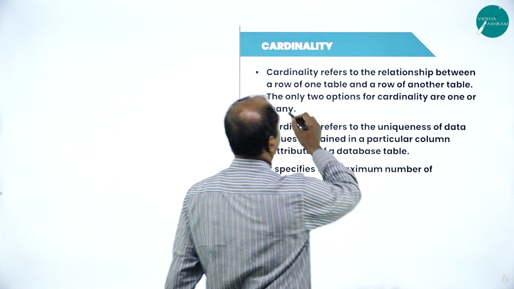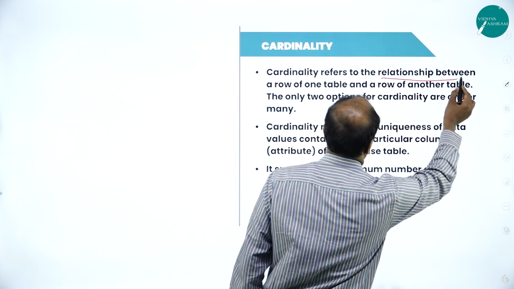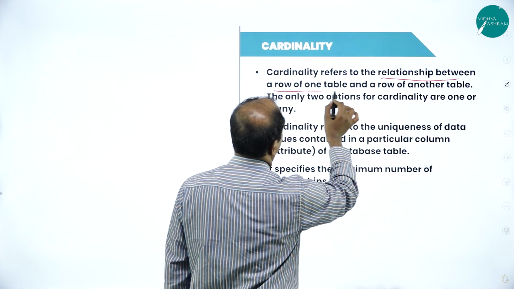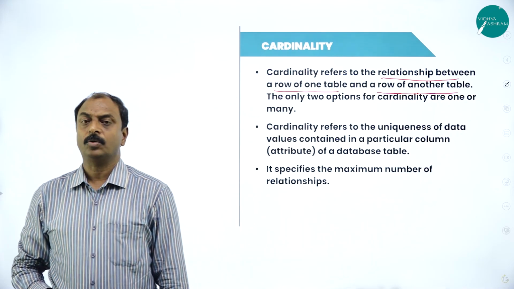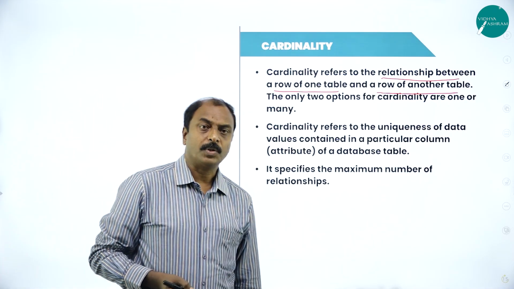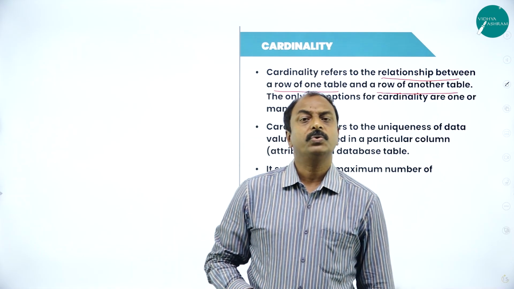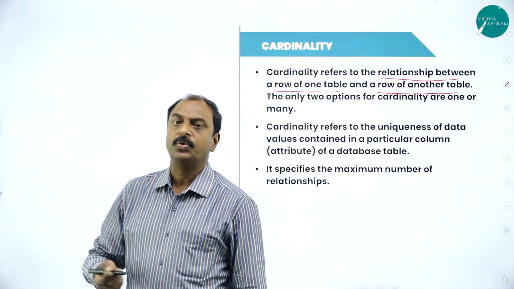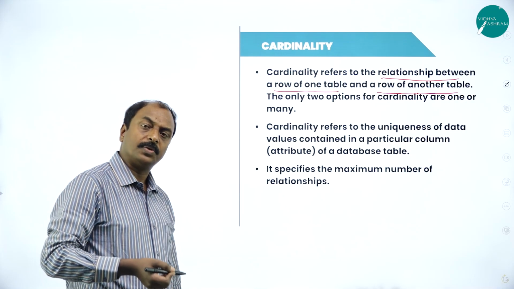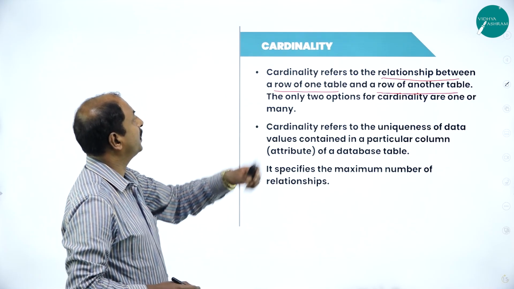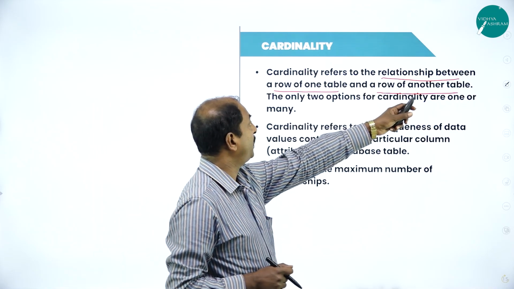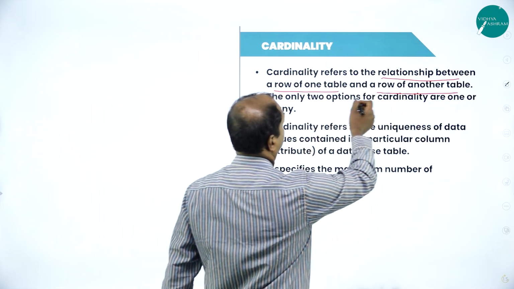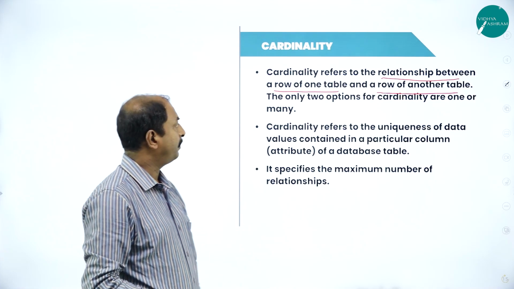Cardinality refers to the relationship between a row of one table and a row of another table. Whenever we talk about tables, here is the concept of two tables. There are two relations. How are we going to connect two relations or two tables? With the help of cardinality. This establishes the relationship between the row of one table and the row of another table.